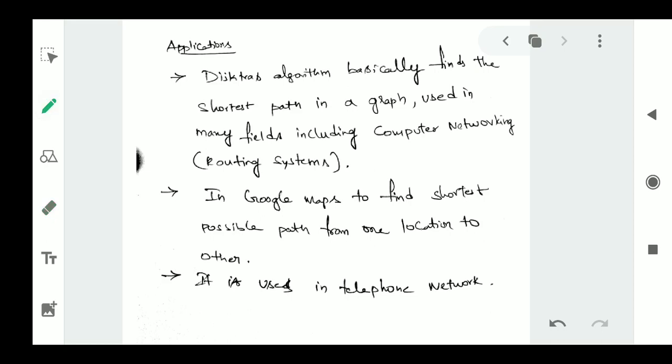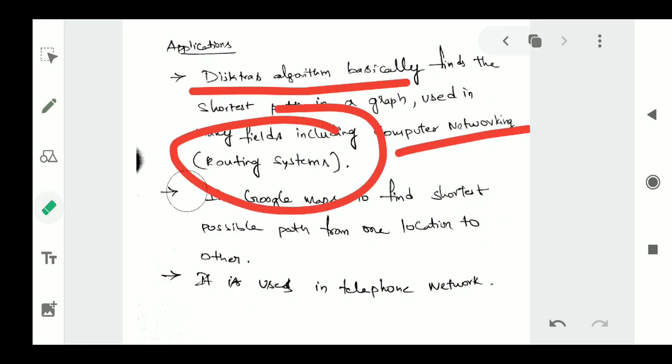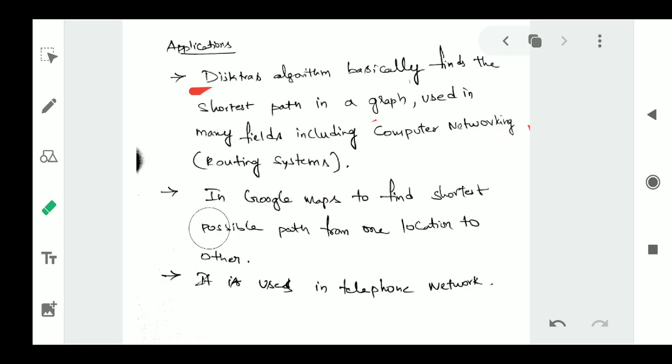Now, Dijkstra's algorithm applications. These are some applications where we really use Dijkstra's algorithm. It basically finds the shortest path, and it is mainly used in fields like computer networking, such as routing systems. Routers are there for connecting the systems in a network, so in routing systems we use Dijkstra's algorithm for finding the shortest path.